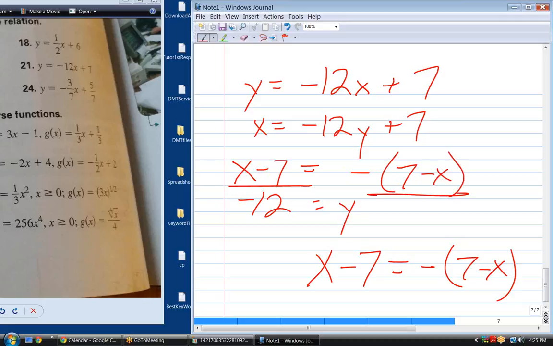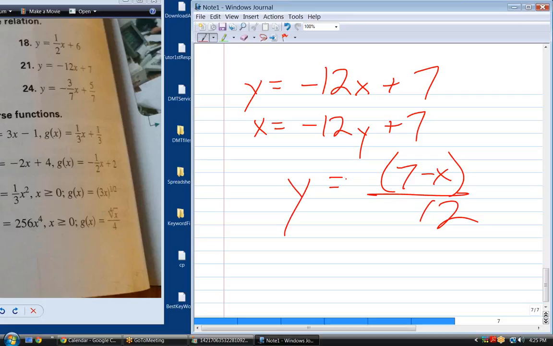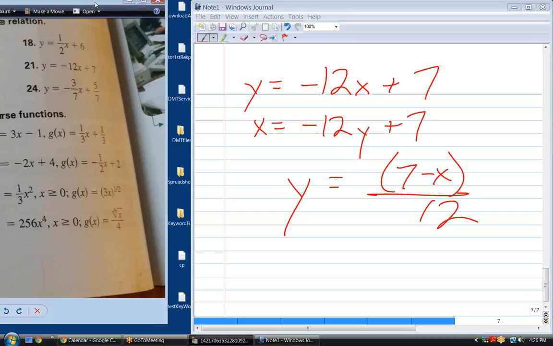I'm dividing by a negative 12. The negatives cancel, and I end up with that, which still has a negative sign, but it doesn't have a negative sign outside of the parentheses. So personally, I prefer this answer, but I kind of doubt it makes a difference with your teacher. I don't think she's going to take off points. I'm sure she wouldn't if you left it the other way.